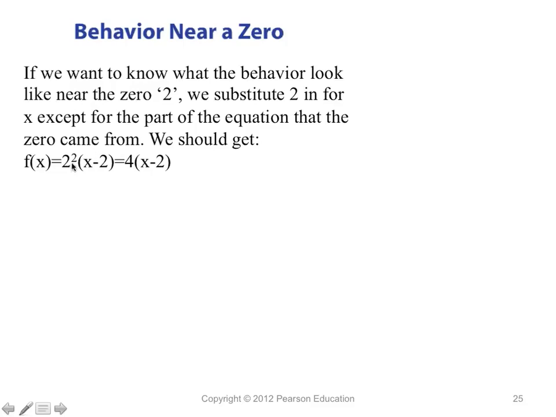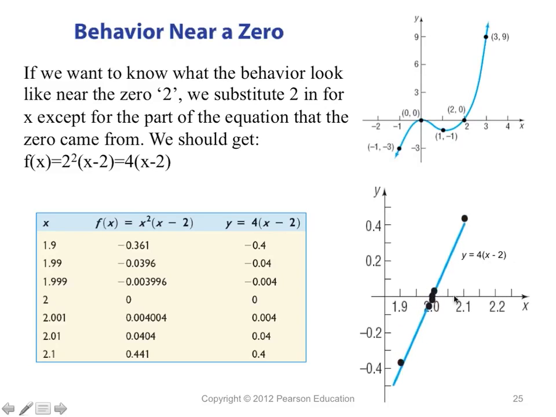We have 2 squared times x minus 2, which is just going to be 4 times x minus 2, which looks like a line that has a positive slope and a negative y-intercept. Again, near 2, it's going to look pretty much just like a line there. You can see it on this graph here. We have this linear shape here versus a parabola that we had over here.